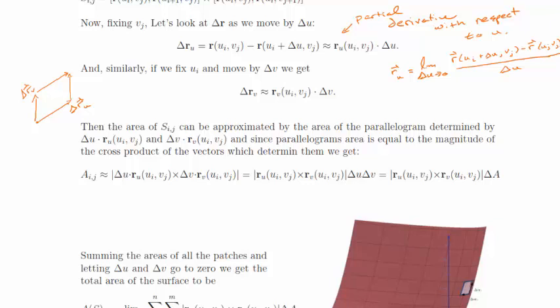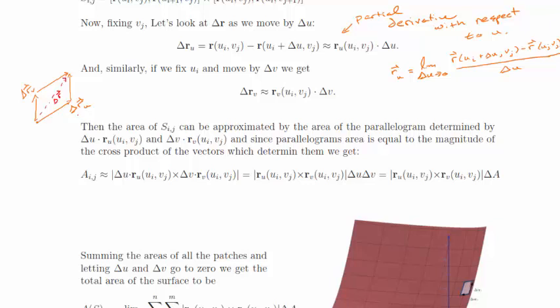I want to change colors. So this is delta r when we move by both u and v, the red line going out to the opposing corner of the parallelogram. But this parallelogram that we get by delta r sub u and delta r sub v is essentially the surface area that we obtain by moving by both delta u and delta v. This is an approximation to that surface area.